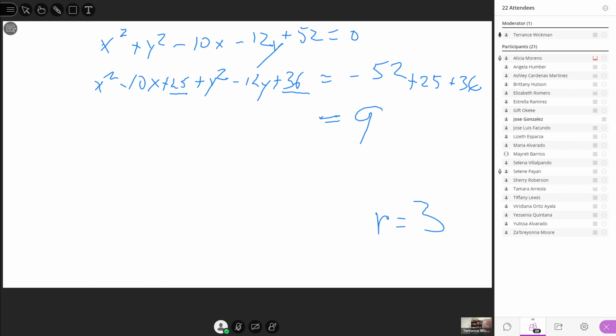Now, let's go back up to the left-hand side of this equation. We completed the square. So what is this really equal to? x, what was half of 10? 5, squared. That's what that equals.